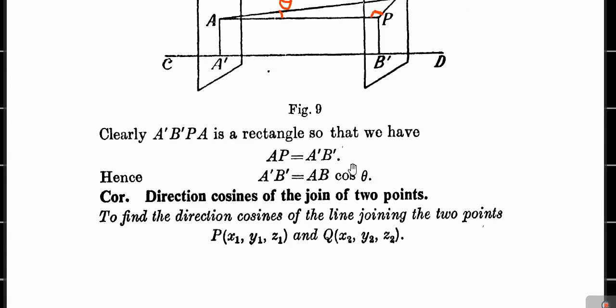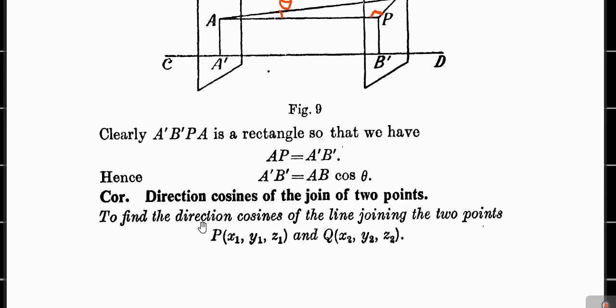Now there is an important corollary on this theorem that we will state and prove, and the corollary is direction cosines of the join of 2 points. The statement is to find the direction cosines of the line joining the 2 points P x1 y1 z1 and Q x2 y2 z2.